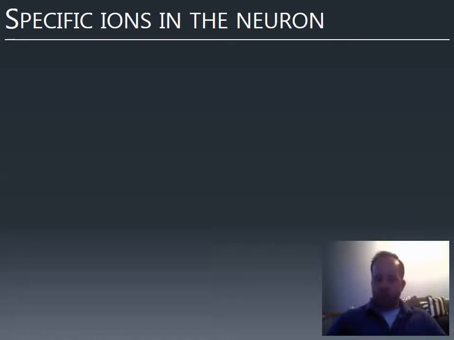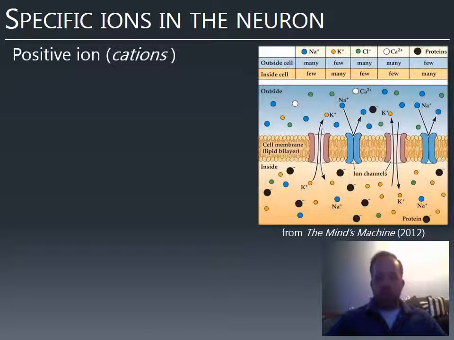So which ions do we care about? Well, we've already mentioned some of the positive ions, which are called cations, not to be pronounced cations. It looks like it should be said cations. It's cations. So there are some positive ones, which is to say they have one or more fewer electrons than protons. So things like sodium, we've heard of, it's half of the molecule salt that we all ingest every day. Potassium is another positive ion.